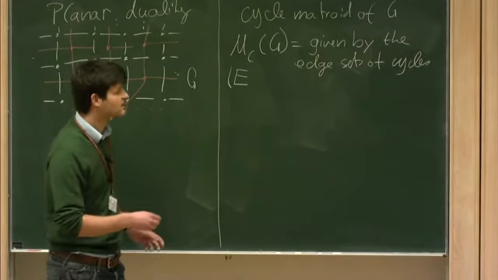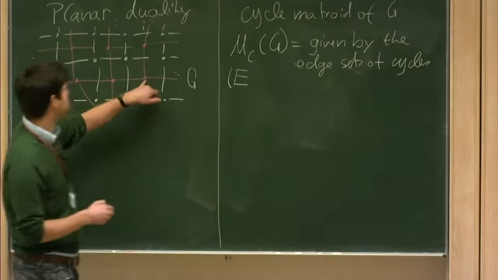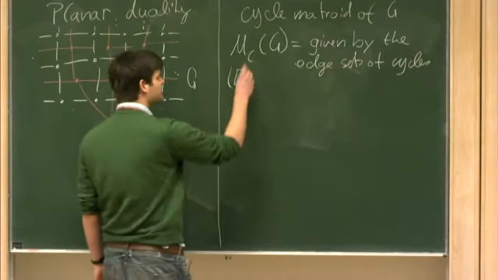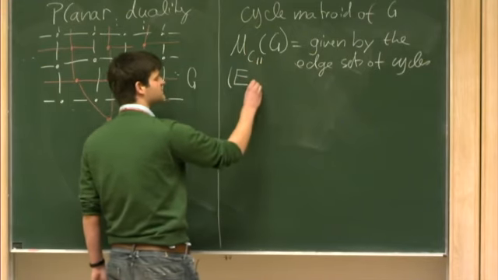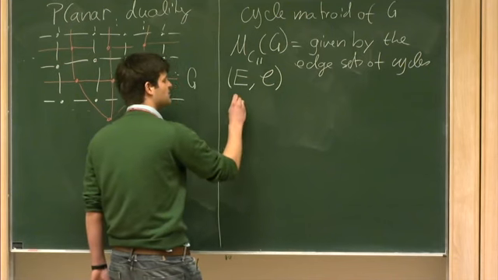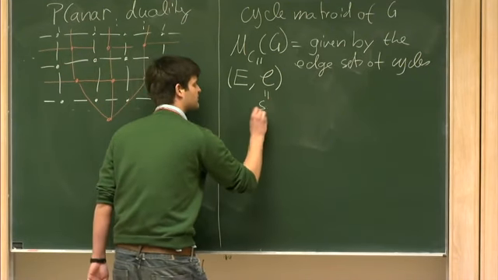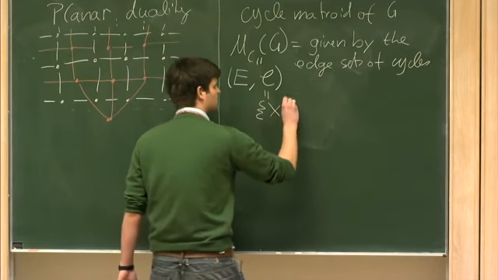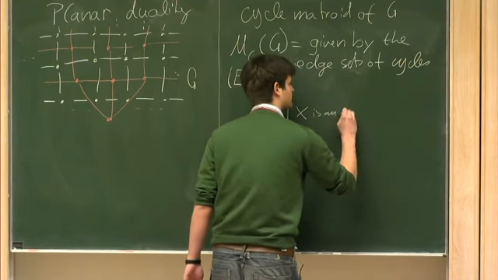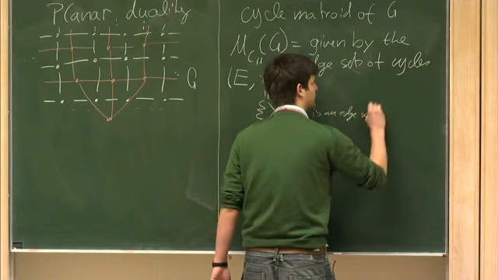So you completely forget about the vertices, and the cycle matroid of a graph is just a pair consisting of the ground set E together with the set curly C, where curly C is the set of those sets X such that X is the edge set of a cycle.